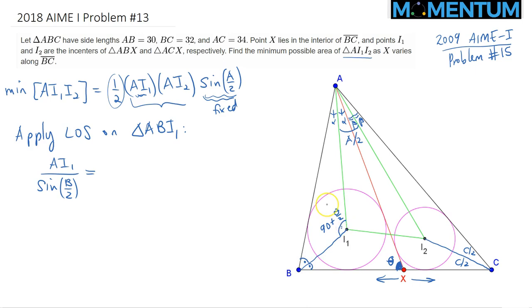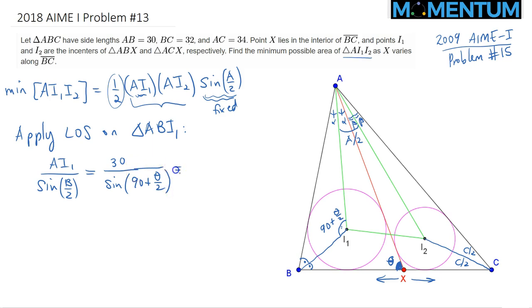Opposite this angle here is just AB, which we already know measures 30. So AB measures 30 divided by sine of angle 90 degrees plus theta over 2.